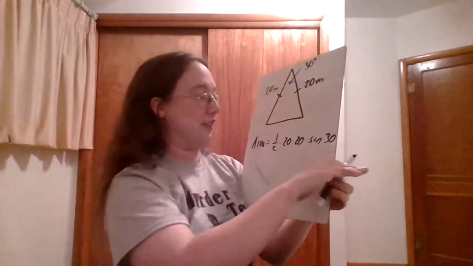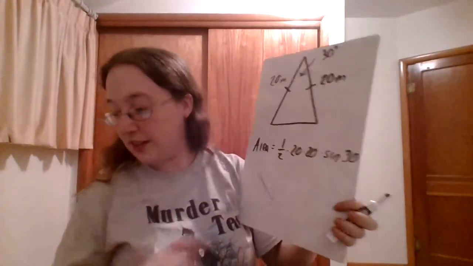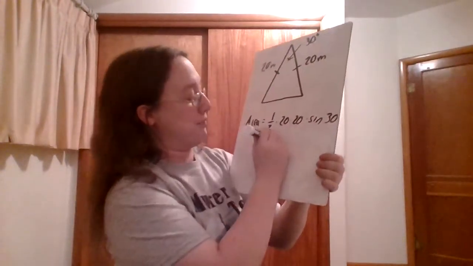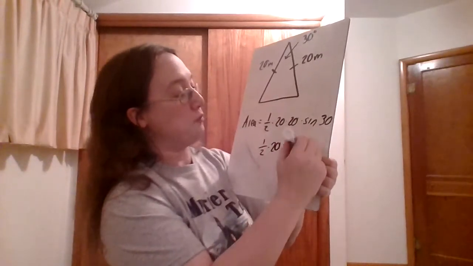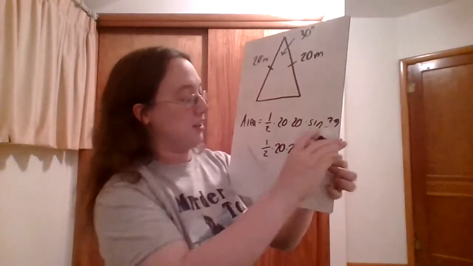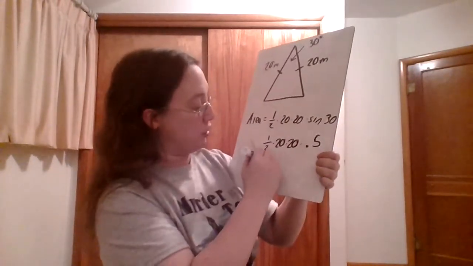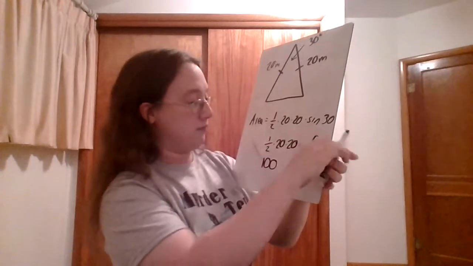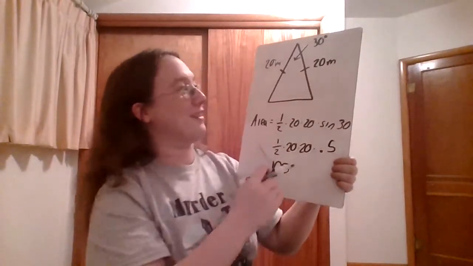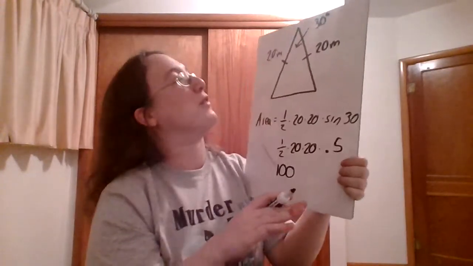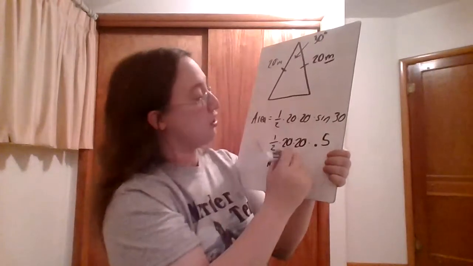And again, just make sure you take the sine of 30, not just plain 30. So the sine of 30 gives you 0.5. I should have known that one off the top of my head. Alright, and then we got 1/2 times 20 times 20 times 0.5, which should give you 100. Okay, so half of 20 is 10, half of 20 is 10, 10 times 10 is 100. Alright, and if you plug that into your calculator, that's perfectly fine. And since we started off in meters, we're in meters squared.